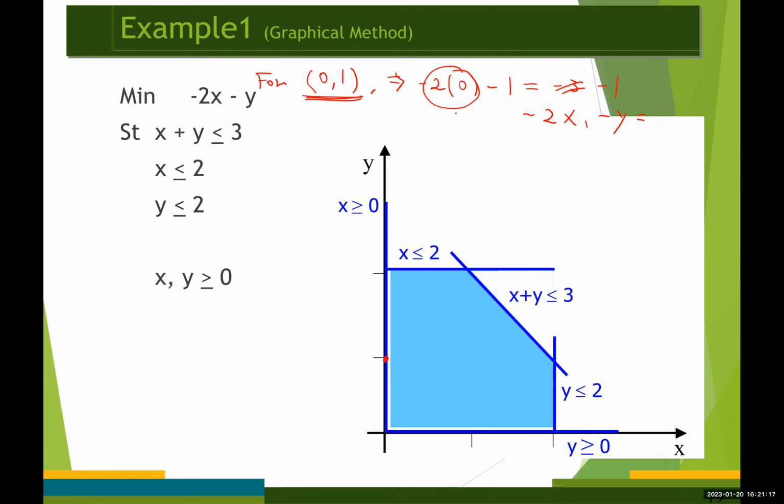Because this becomes 0. So this is going to be 1. So this is the ISO value line at 0.01. -2x minus y equals -1. Okay, that's our ISO value line. Okay, so like this here.